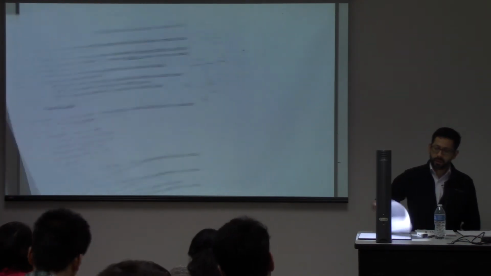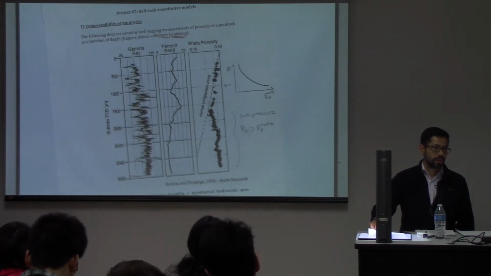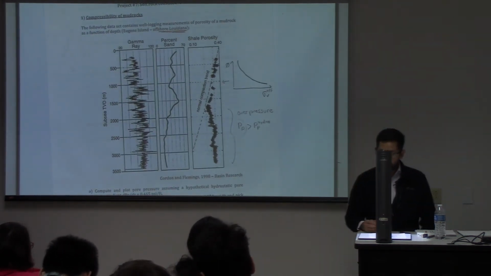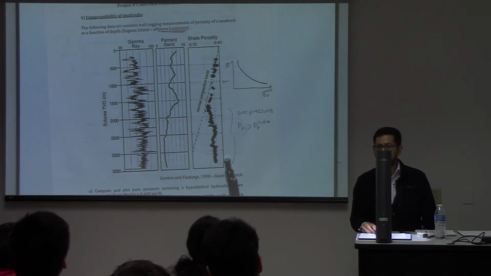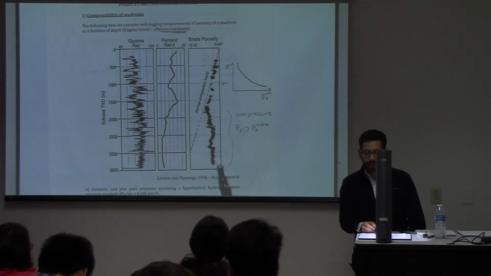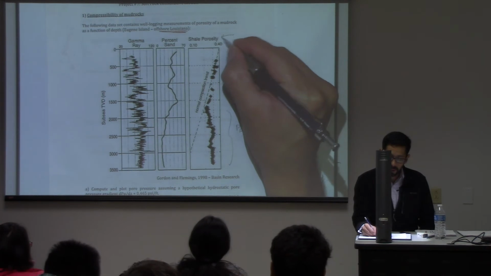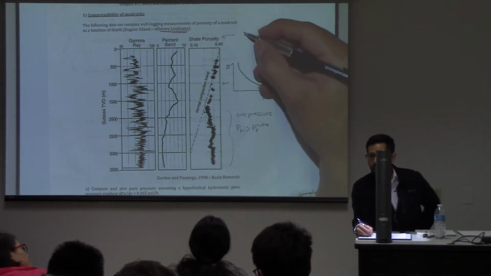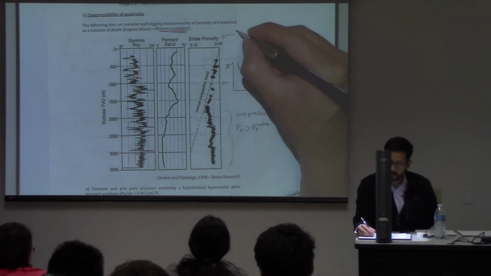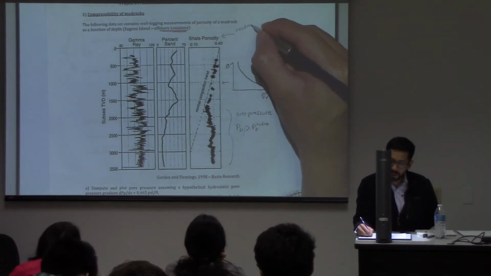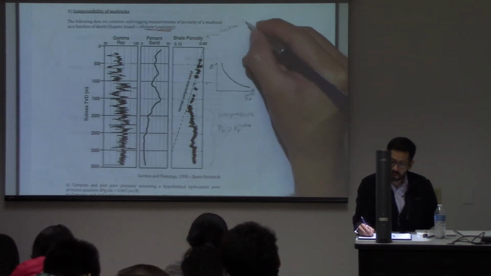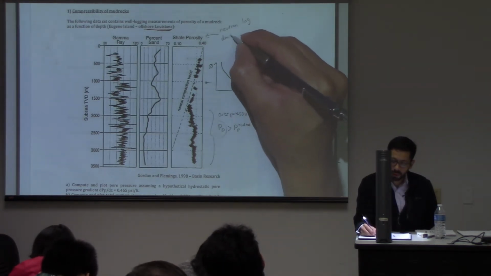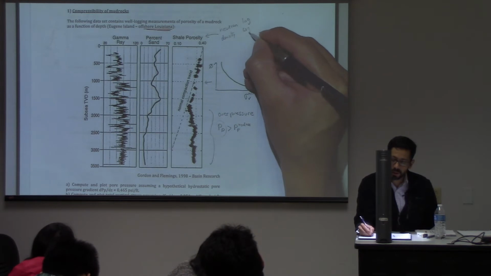Yes, John? Are those porosity readings on the right plot from just taking samples at various depths, or are they? No, many of these porosity readings come from other types of well logging measurements. So very likely it comes from what is called the neutron log, or it might come also from the density log.